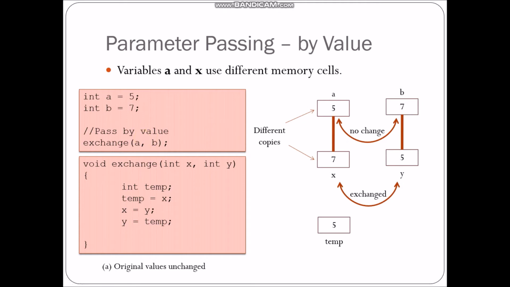Then you will call the function exchange with the parameters a and also b. So this is for the void function exchange. You will have void exchange with the parameters int x and also int y.